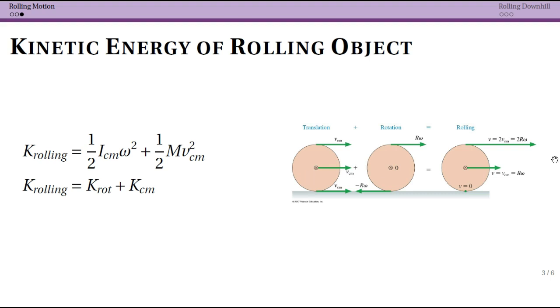And again, if you want to see, the book does a derivation just using this model and showing that it does simplify into these two terms. So these are both different types of kinetic energy, and again, this is really coming from thinking about every single point on here and the speed that it's moving at. So really there still is only one kinetic energy, but this is how to break it into two forms that are convenient to calculate.